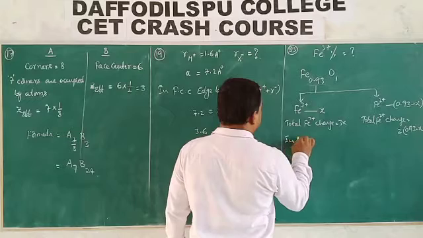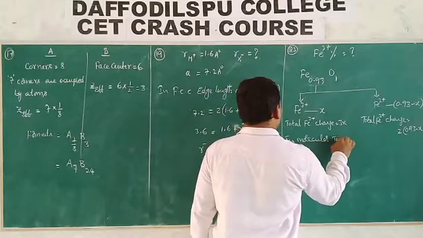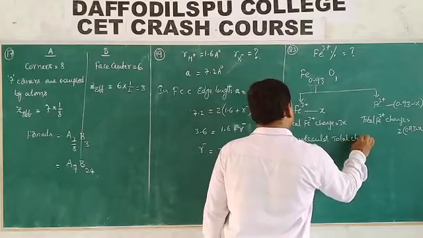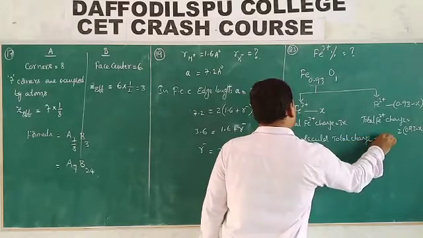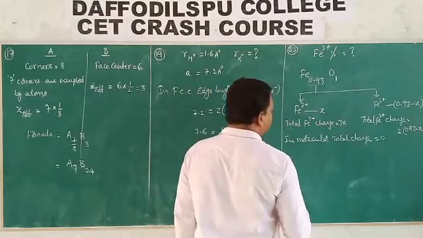In a molecule, the total charge is equal to 0, so you have to make the total charge equal to 0.